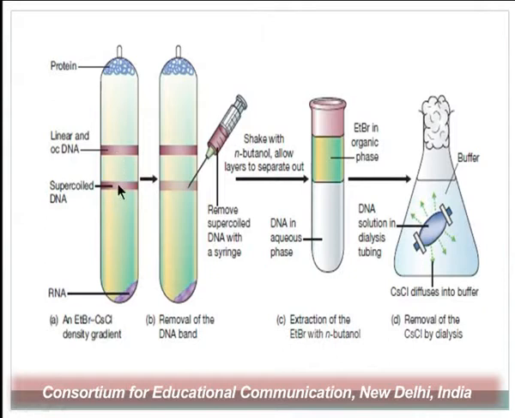It will decrease the specific gravity of these two molecules to different extents. So addition of ethidium bromide will cause the supercoiled DNA, which is the plasmid DNA, and the linear DNA to come at different levels in the cesium chloride column. Then ethidium bromide can be removed by extraction, and finally the cesium chloride can also be removed, and purified plasmid DNA can be obtained.